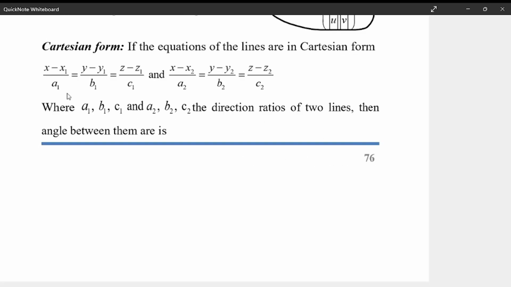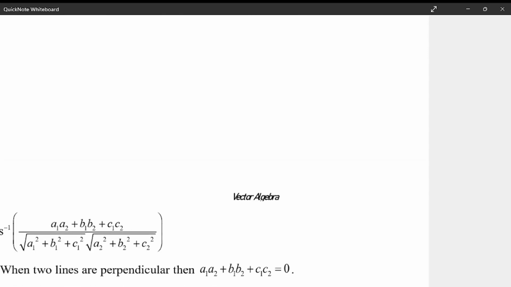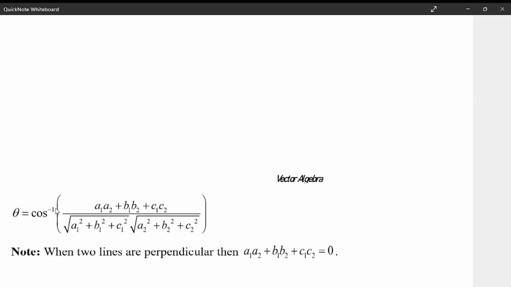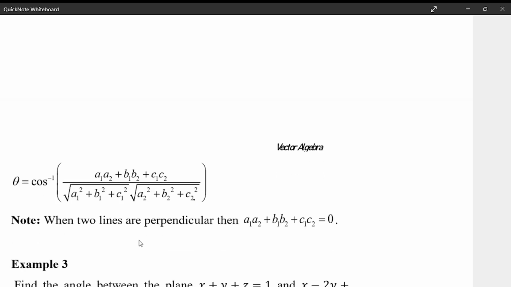Then the angle between these two lines is theta equals cos inverse of A1 times A2 plus B1 times B2 plus C1 times C2, all over root of A1 squared plus B1 squared plus C1 squared times root of A2 squared plus B2 squared plus C2 squared.